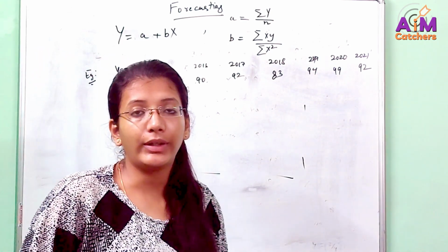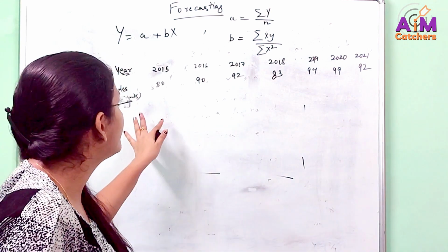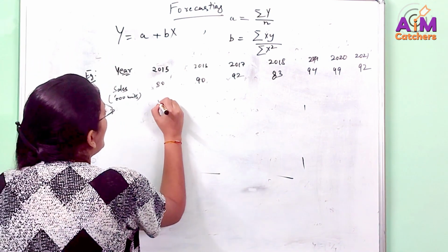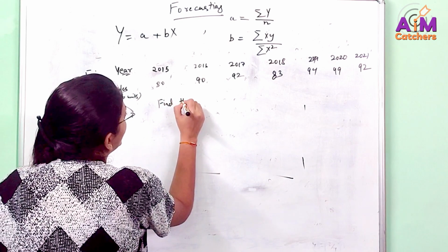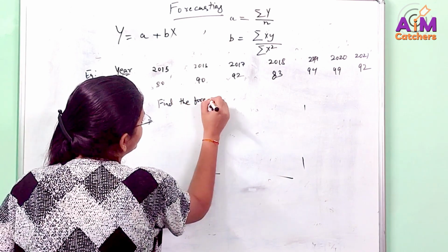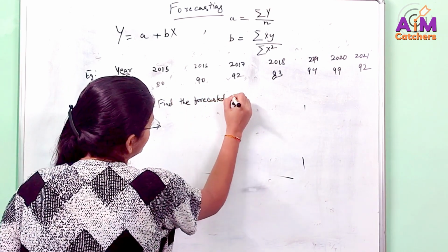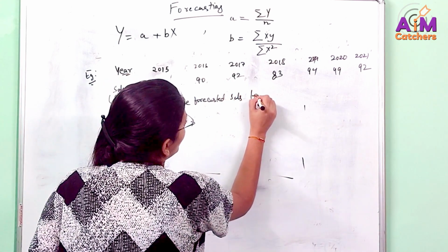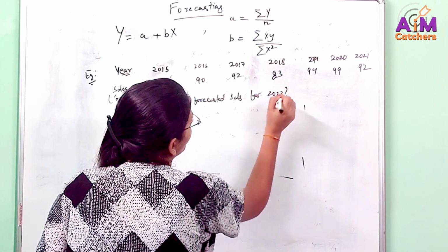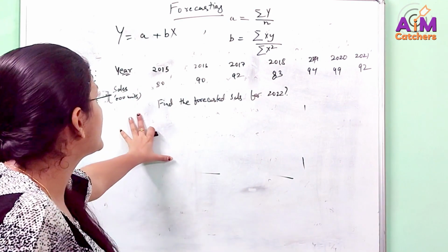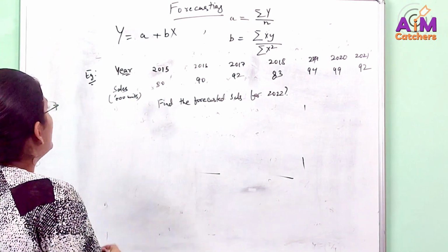These are the sales for the past years. That is the question given to us. The question is asking you to find the forecasted sales for 2022. How will you do this? Using forecasting. So let's solve it.